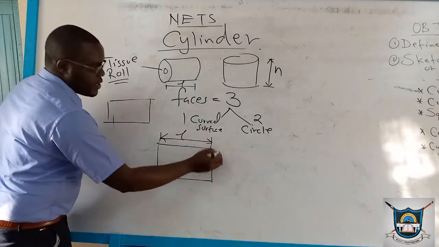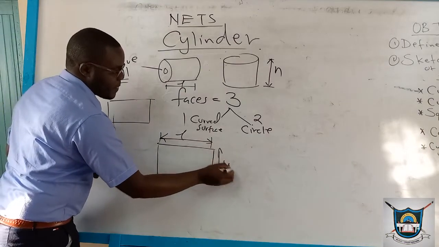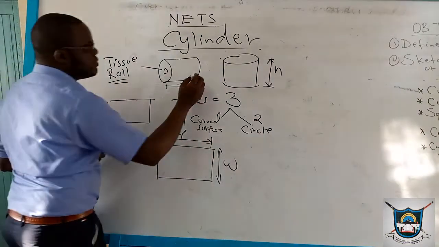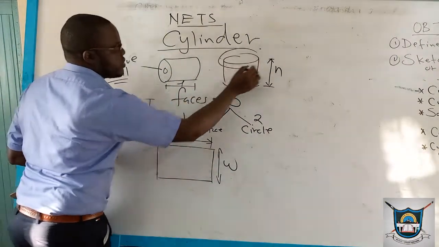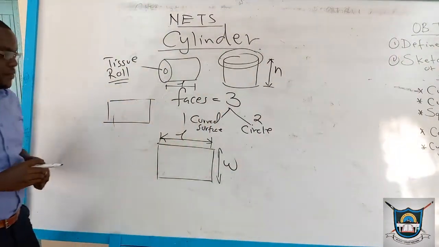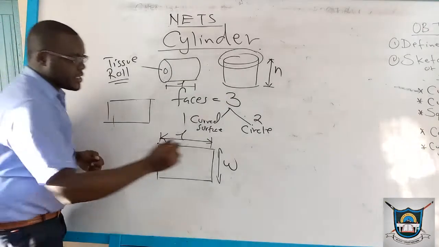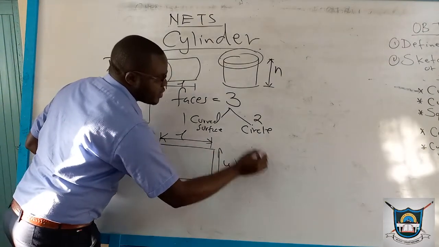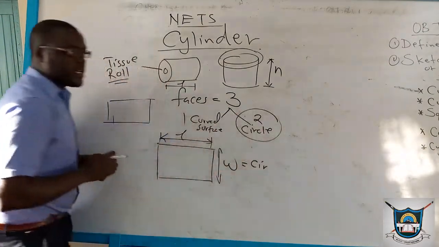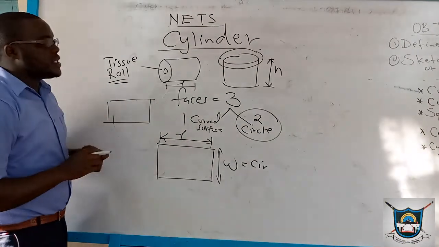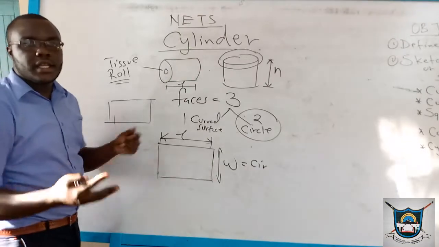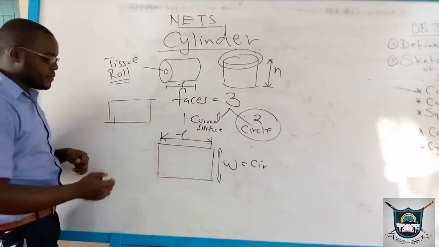Next, the width of the rectangle corresponds with the circumference of this circle. It corresponds to the circumference of one of these circles here. I'm almost finishing the cylinder, but I require the 2 faces that I used to cover.